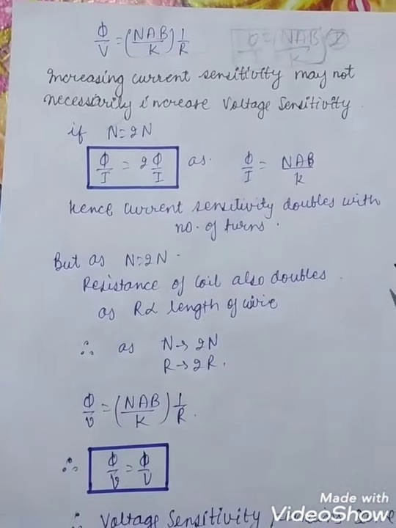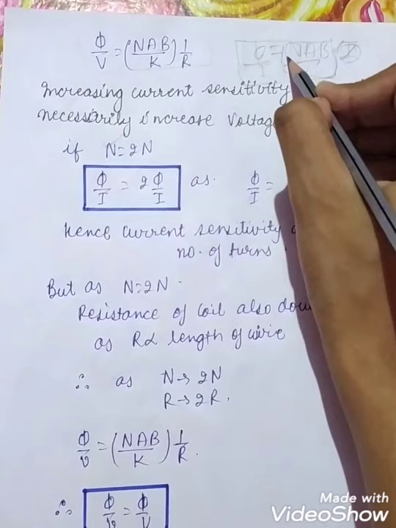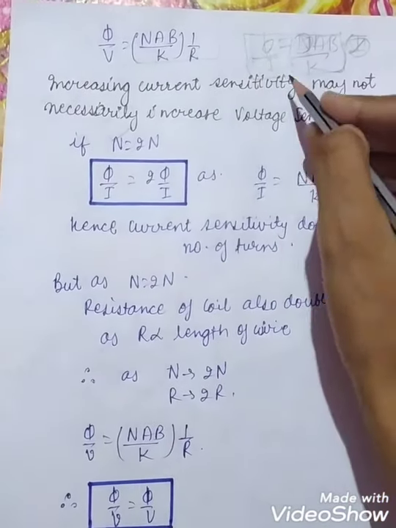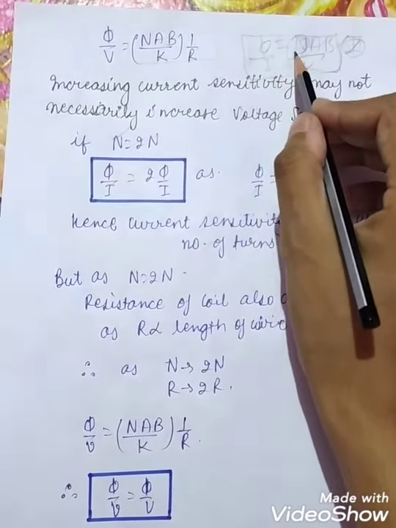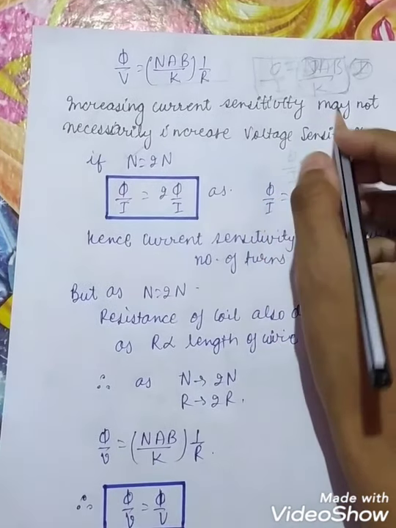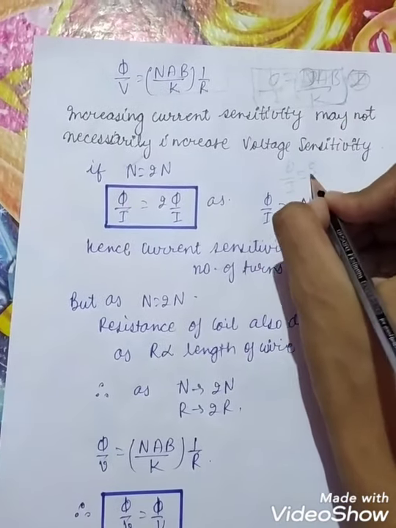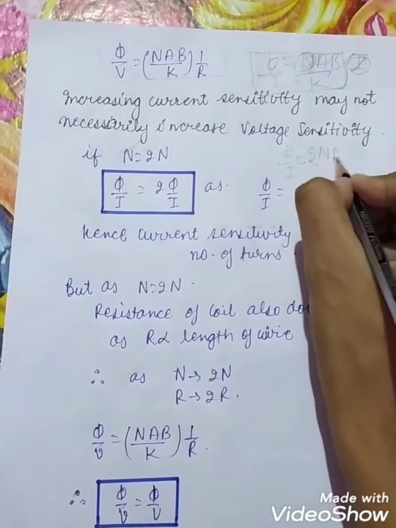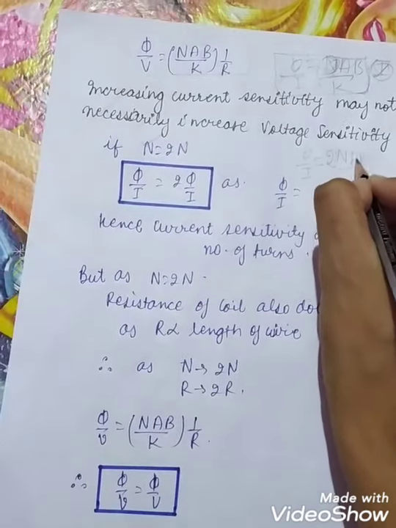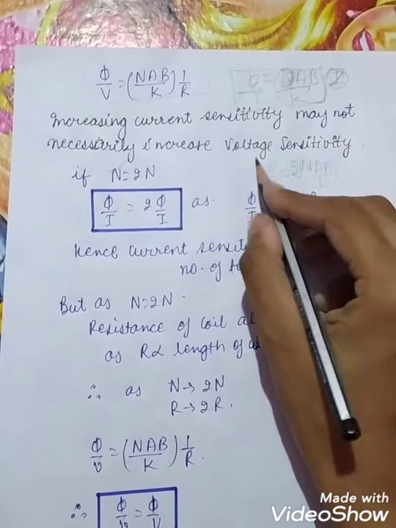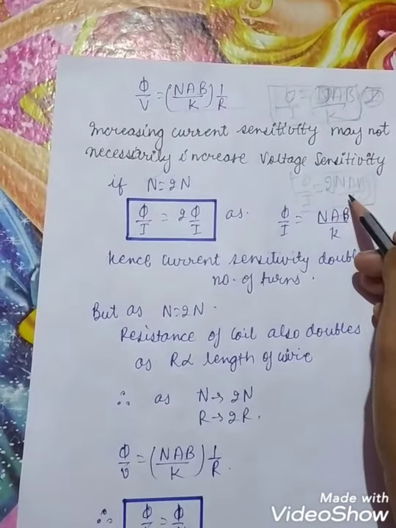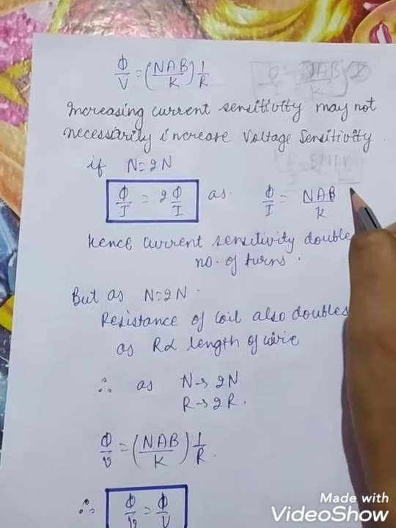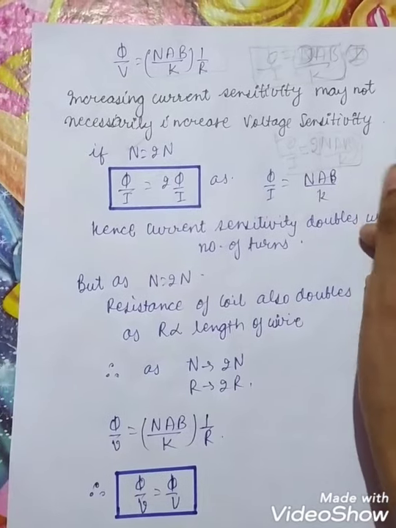So if I increase the number of turns from N to 2N, simply doubling the number of turns, what happens? Phi divided by I becomes 2NAB divided by K. So earlier it was NAB divided by K, but now it is 2NAB divided by K. What is happening? The current sensitivity is simply doubling.